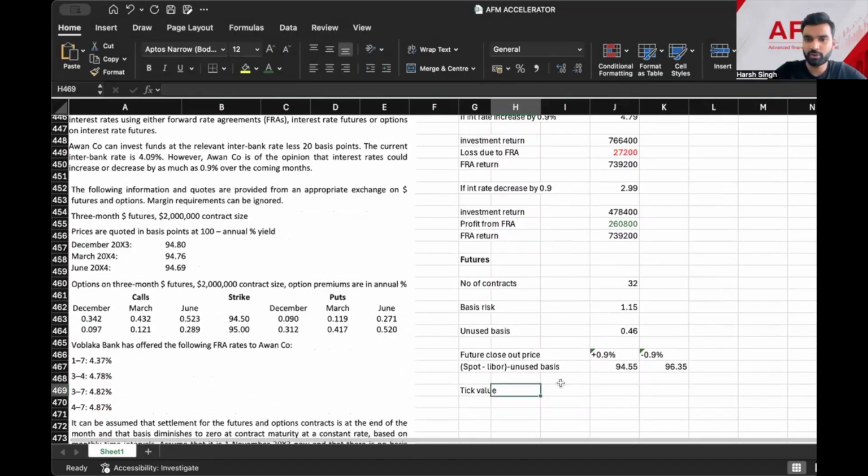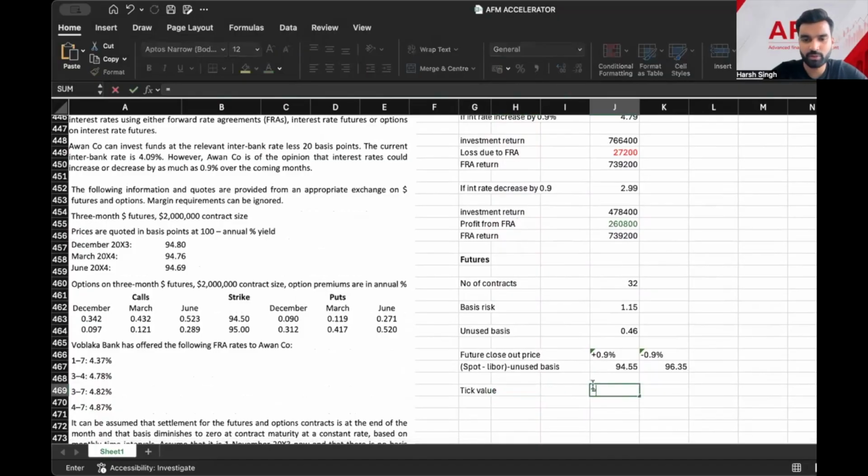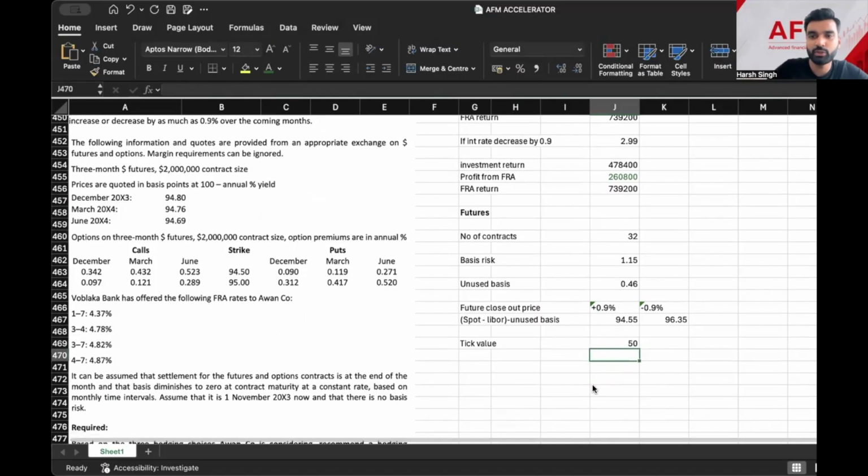Okay, so the tick value is not given, so we have to calculate it, everyone, which will be equal to contract size 2,000,000 multiplied by 1 upon 100 multiplied by 3 by 12. There is a formula for the tick value. We can directly use that.